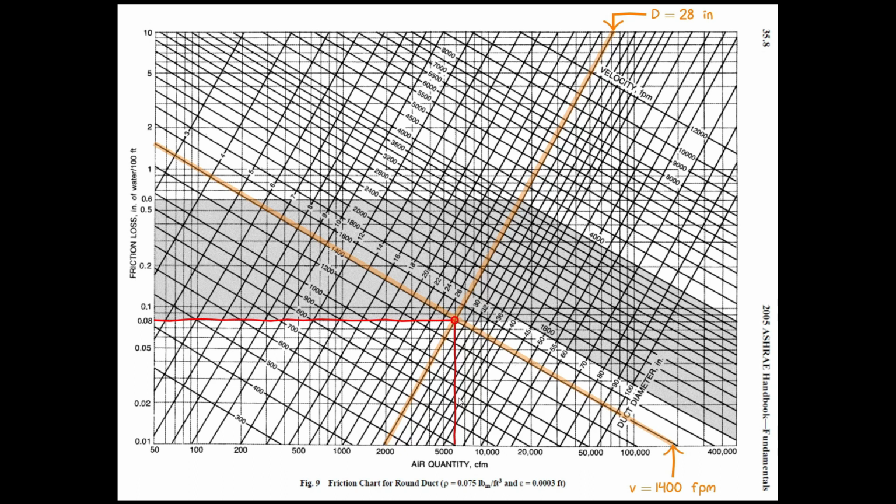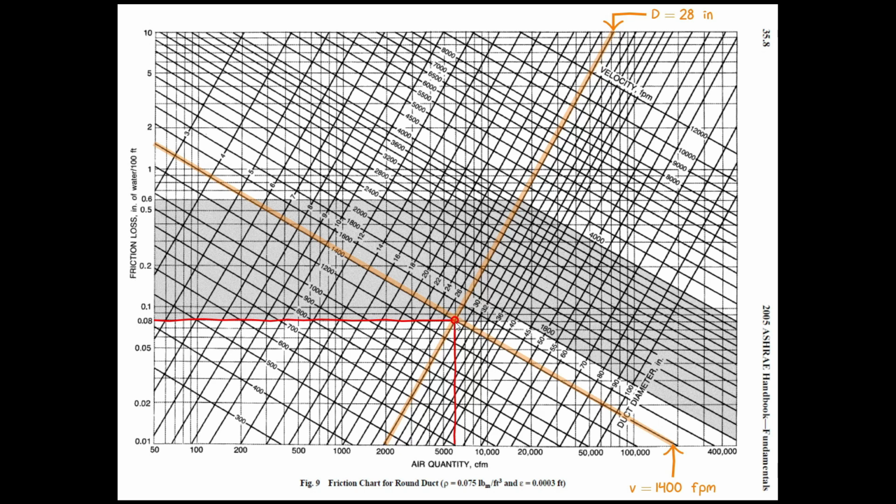So let's say the airflow rate given is 6000 CFM and the duct size is 28 inches. Just draw a vertical line and draw a line with this angle, and when the lines intersect each other, from that point draw a horizontal line to the left, and from that you get the friction loss is 0.08 inch of water per 100 feet.